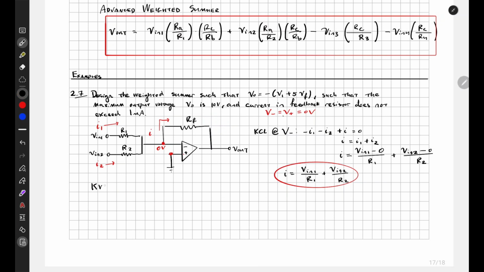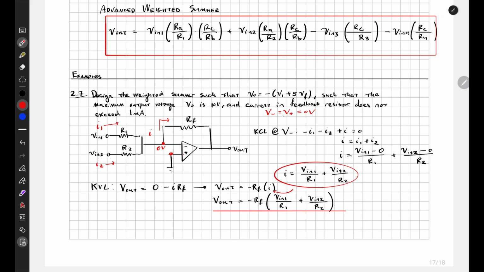So KVL: V out is equal to 0 plus the voltage drop across there, except the current is going in the opposite direction, so it is minus I RF. Let's rewrite this better: V out is equal to negative RF times I. We can plug I in here, so V out is equal to negative RF times V in 1 divided by R1 plus V in 2 divided by R2. This is the input-output relation.